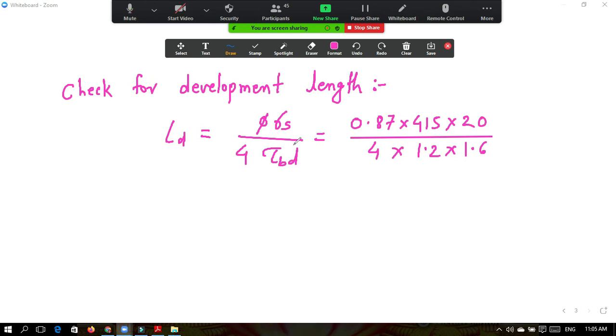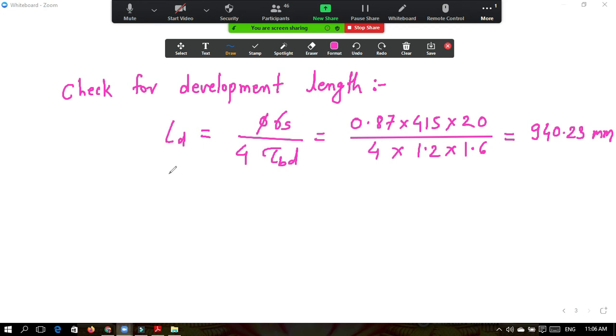So now if you solve this, you will get the value of development length Ld, which is 940.23 mm.